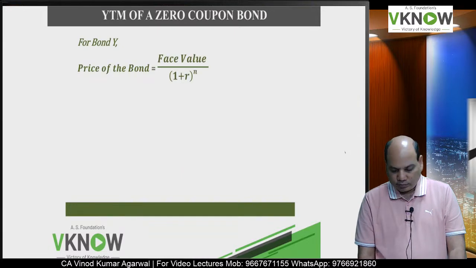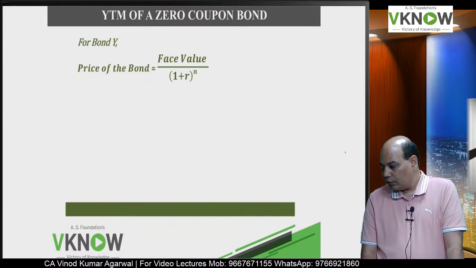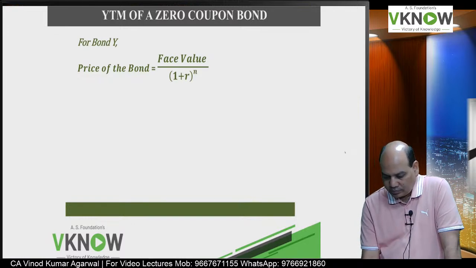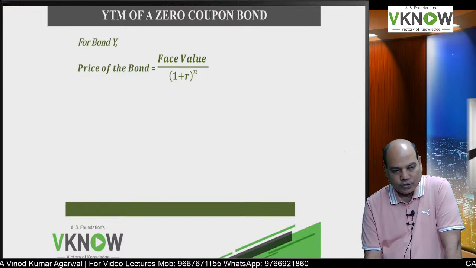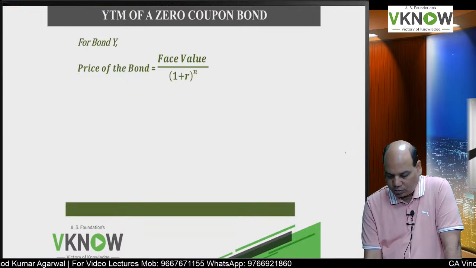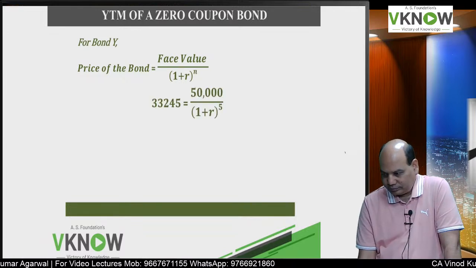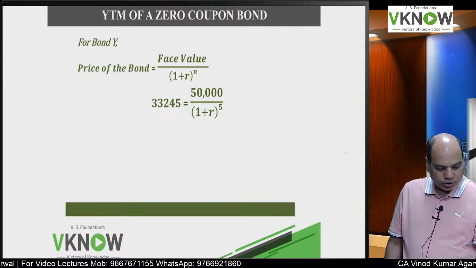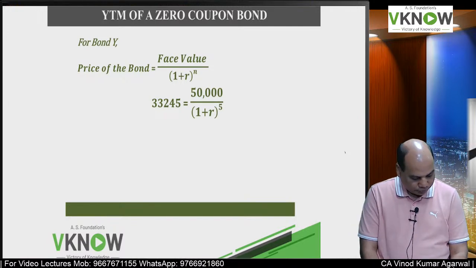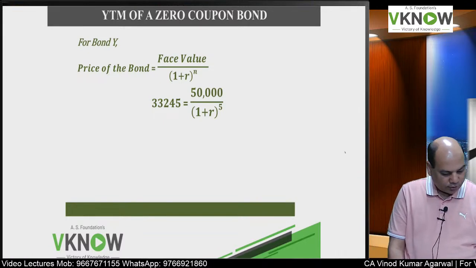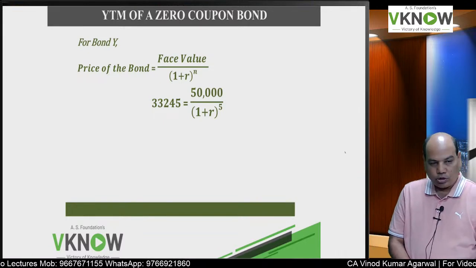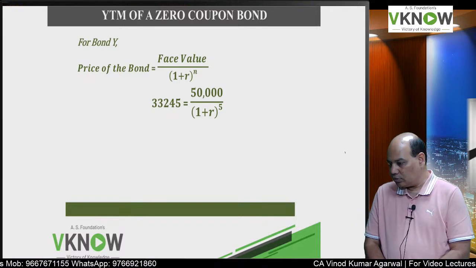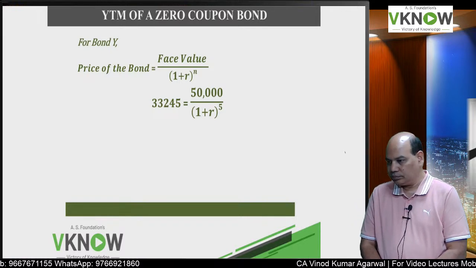For bond Y, the formula is the same. Price is equal to face value upon 1 plus R to the power n. Question should be in front of you. 33,245 equals 50,000 upon 1 plus R to the power 5.